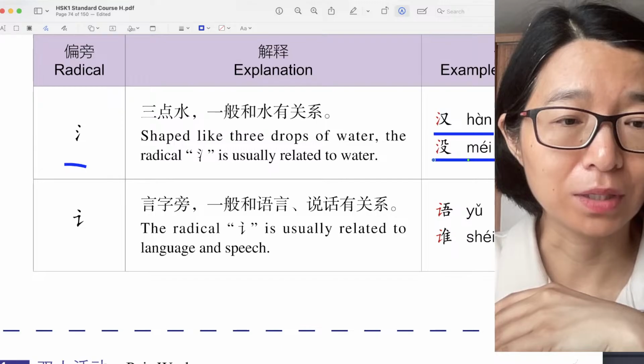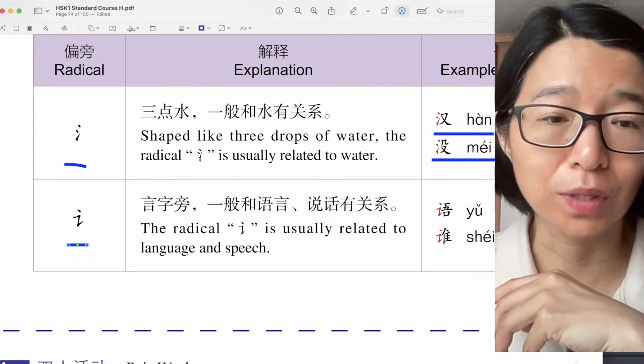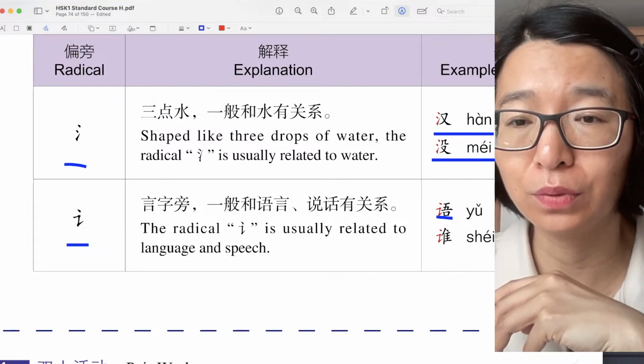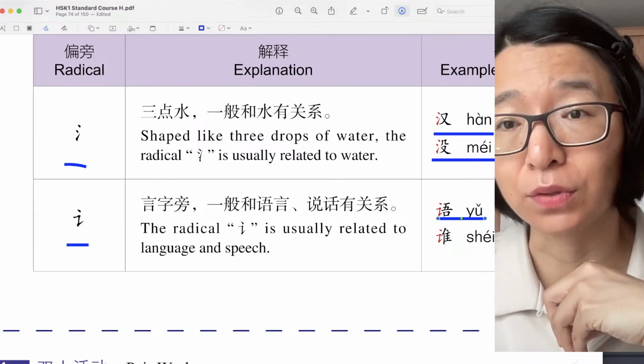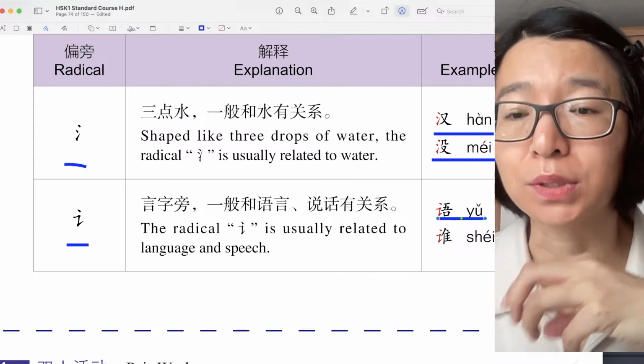Okay, this radical, that is 言字旁. Yeah, radical 言 is usually related to language and speech. So for example, 语, yeah. Okay, this character 汉 and 语 together, Chinese language, Mandarin, right? So 汉语, Chinese people's language.